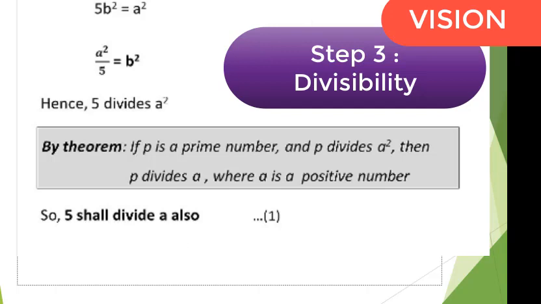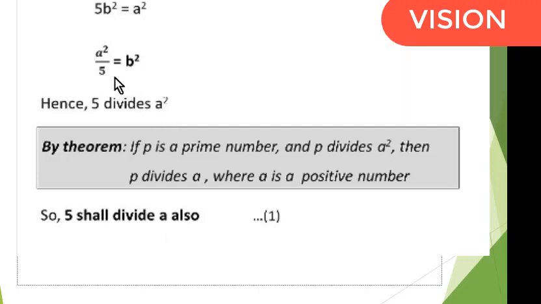We assume that 5 divides a according to the theorem. Step 3 finished. We divided the equation a square equal to 5b square with the help of 5. So a square divided by 5 equal to b square. At the same time we have to mention that 5 shall divide a also. This is the first equation: a square by 5 equal to b square.